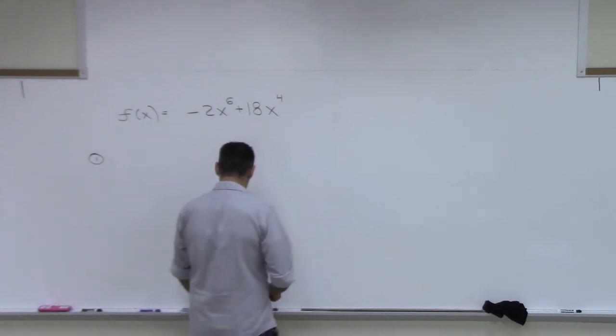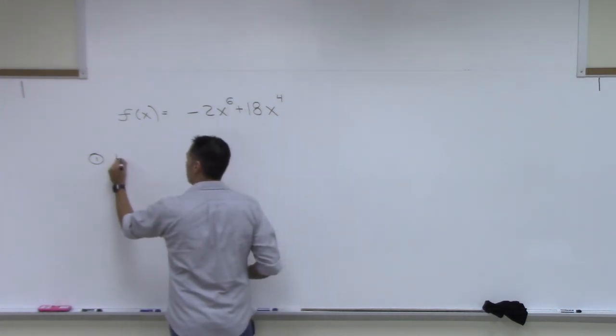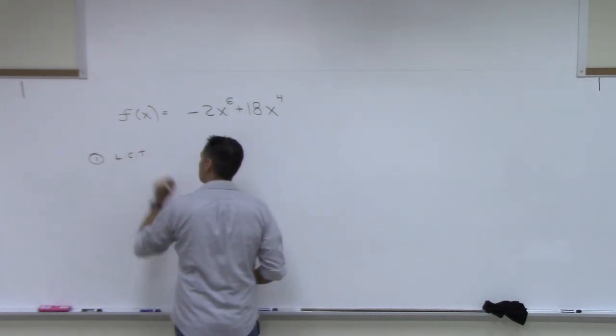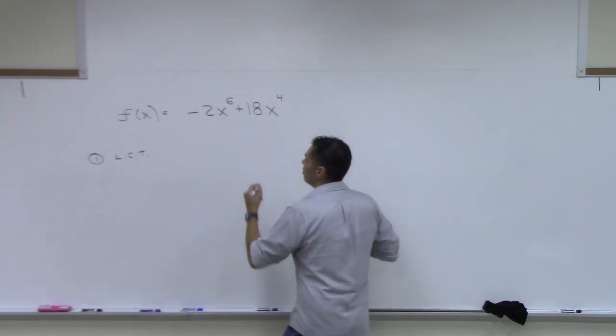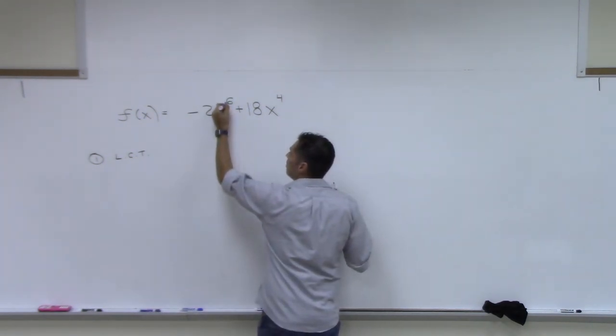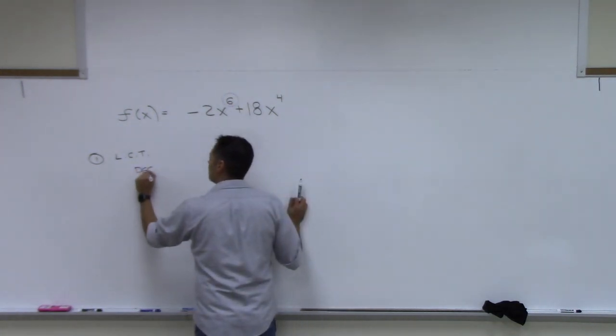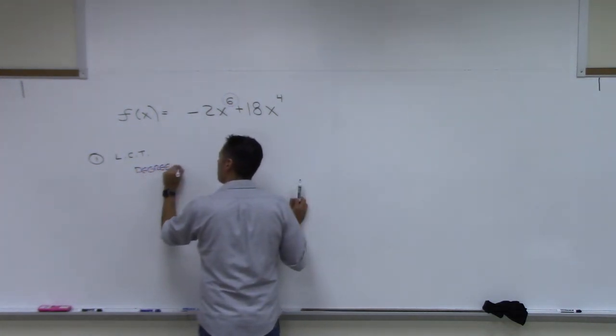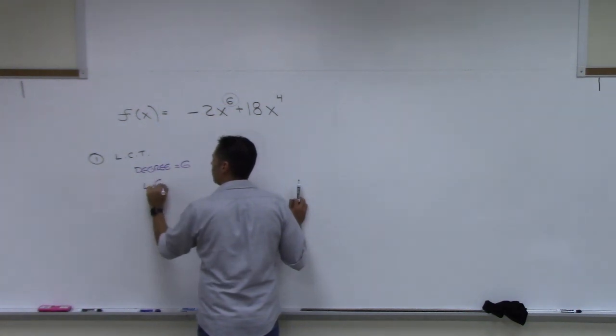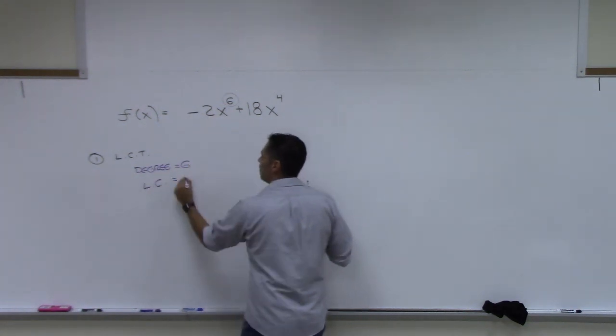Leading coefficient test. Should you have that written down on your reference sheet? Yes. So for the leading coefficient test, I look at the power here. That's my degree. The degree here is 6. The leading coefficient, which is the number in front of that, is negative 2.